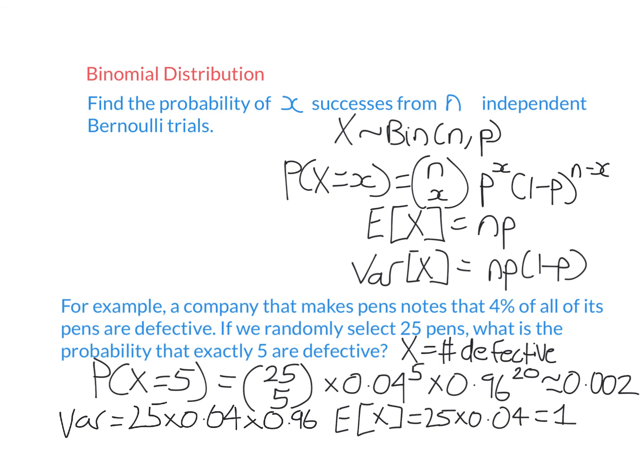And of course, that would just give you 0.96, and if you square root the variance, you would get the standard deviation. So again, what that means is if I perform this experiment many times, randomly selecting 25 pens many times, I would expect each time to only get 1 defective pen, but this is like the average distance from the mean. I'll usually get between 0 and 2 pens is basically what it's saying.